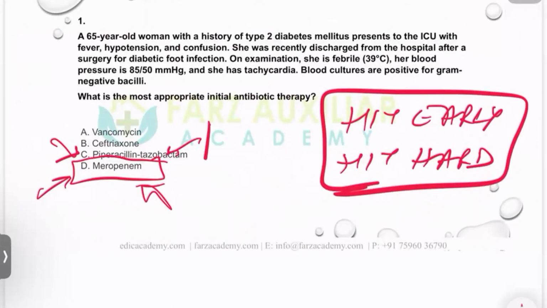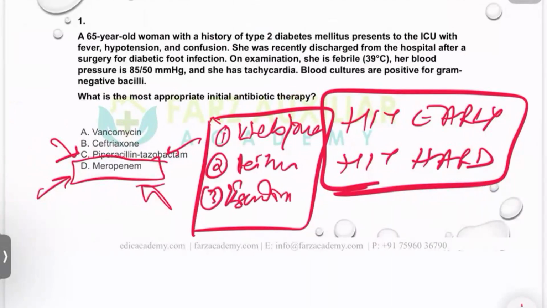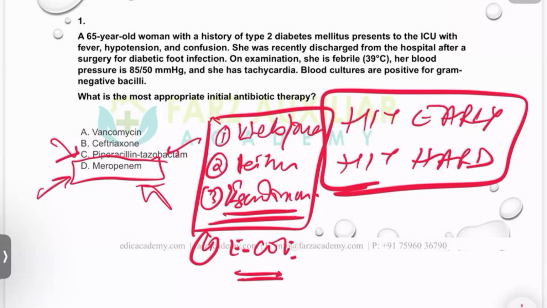And which are the possible gram-negative bacteria in patients who come in septic shock? They are usually Klebsiella pneumoniae, Acinetobacter, and Pseudomonas, with lesser chances of E. coli. So in the given circumstances, piperacillin tazobactam is not going to work on any of these three.